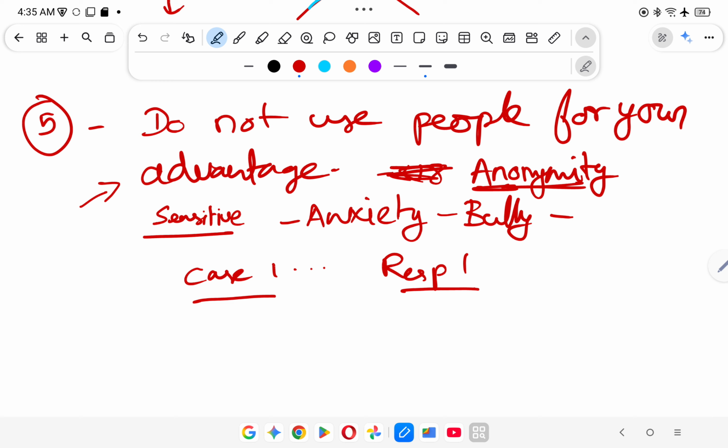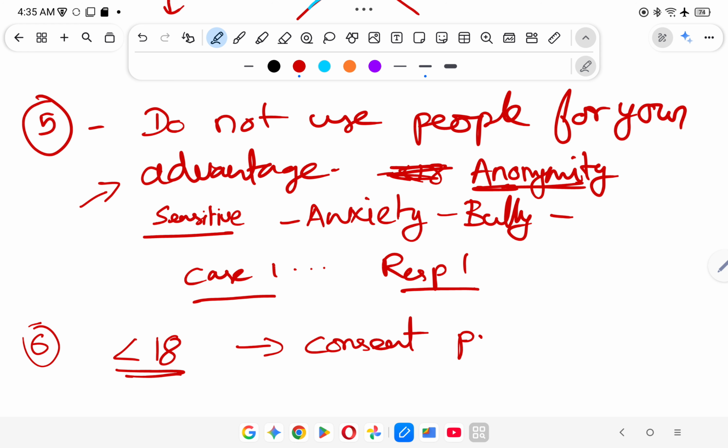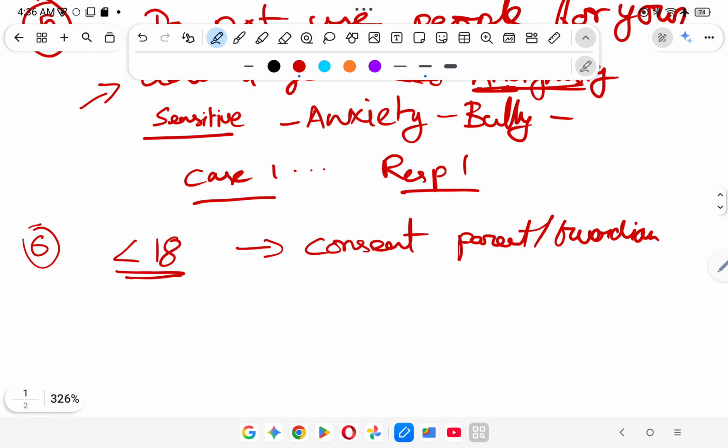In scientific research this might not be a case, but in social science research this is very important. Whenever you are dealing with minors, people who are less than 18 years of age, you have to be very careful. You have to get consent from the parent or guardian to involve them in a research. They cannot decide for themselves.